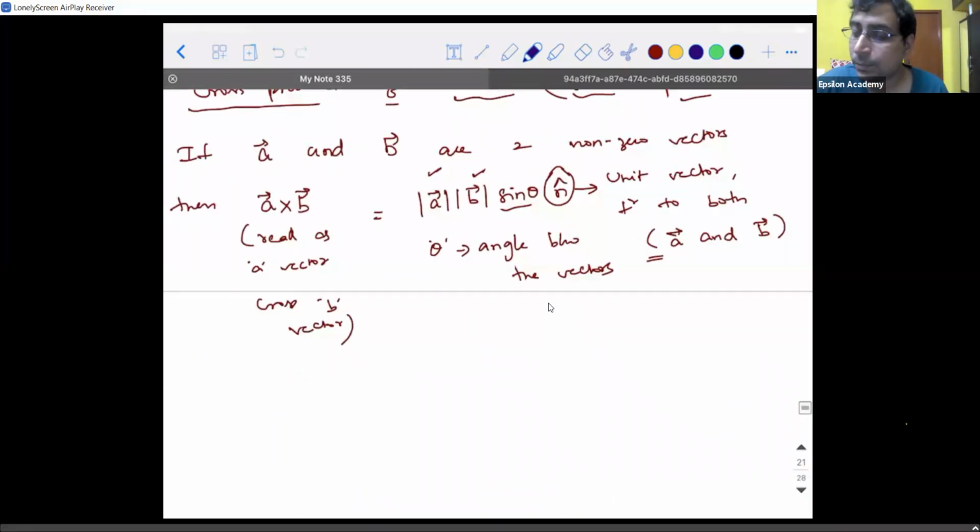If I give you two non-zero vectors A and B, then the cross product between them is mathematically defined as magnitude of A vector into magnitude of B vector multiplied with the sine of the angle between those two vectors, multiplied with n cap. What is this n cap? The n cap is a unit vector which is perpendicular to both A vector and B vector.